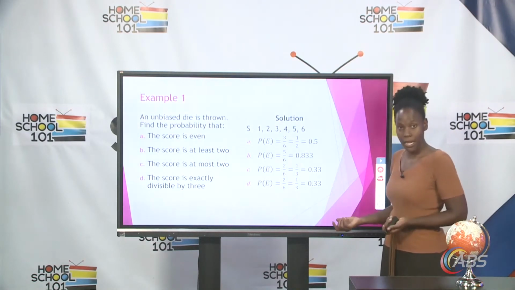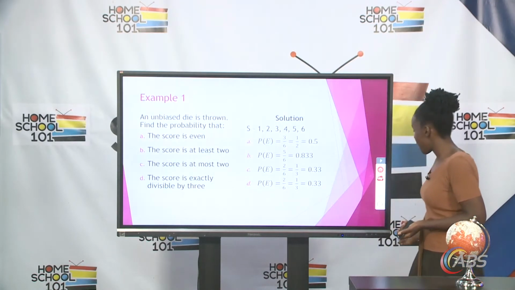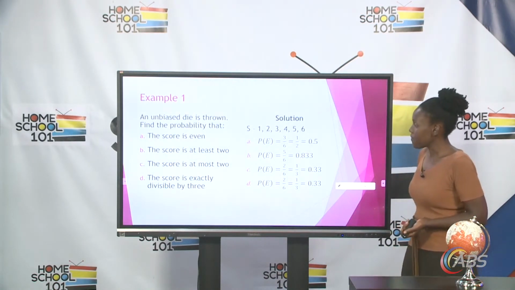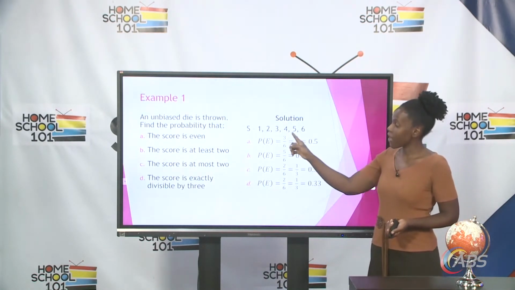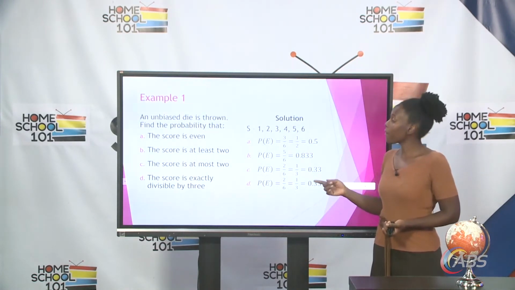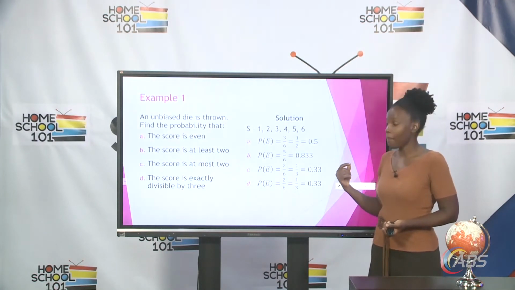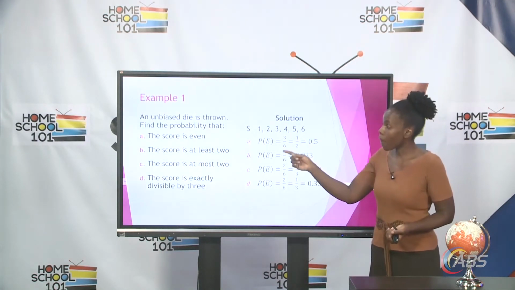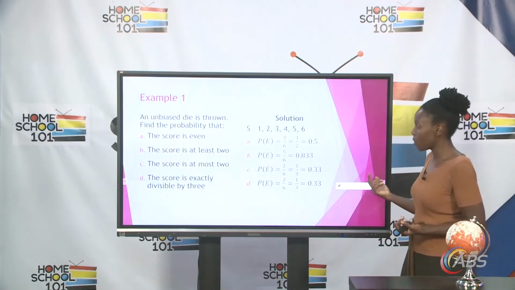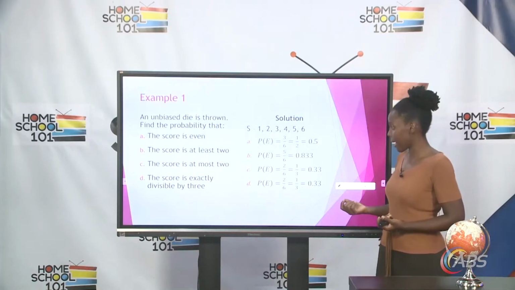I have 3 even numbers: 2, 4, and 6. So the event is that the score is even. Therefore, I have 3 even numbers, and I will divide that by the sample space. The probability that the score is even would be the number of even values from the sample space divided by the total number in the sample space.